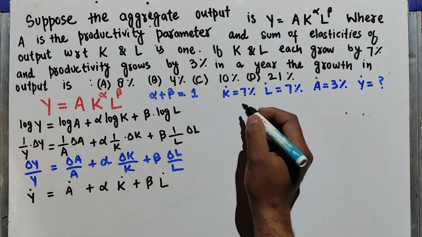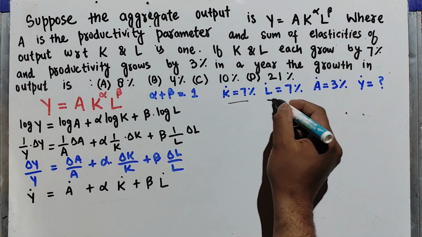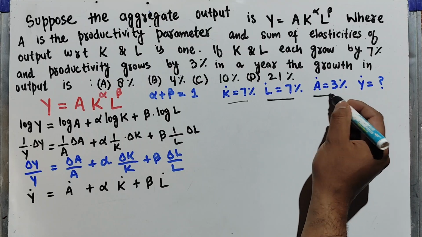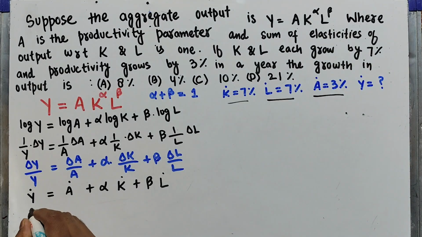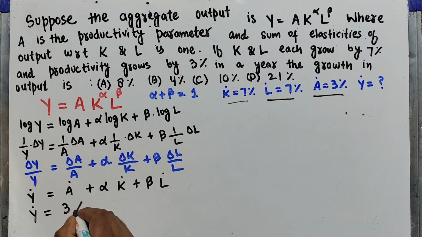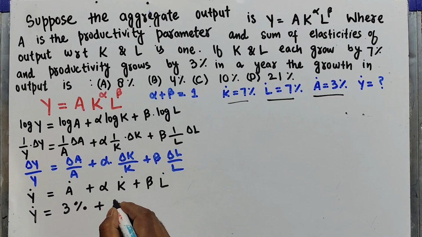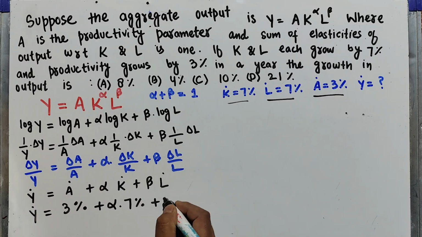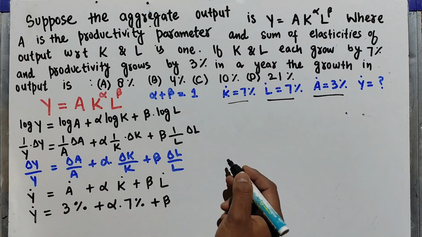What we are being given is K dot is 7%, L dot is 7%, A dot is 3%. So the growth rate of output will be equal to 3% plus alpha times 7% plus beta times 7%.